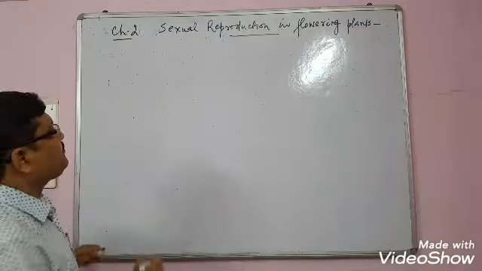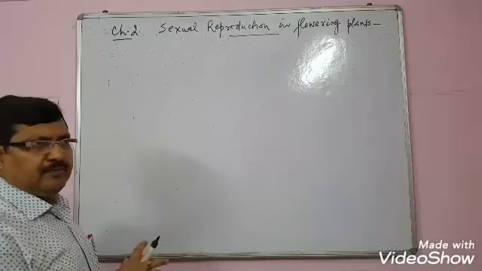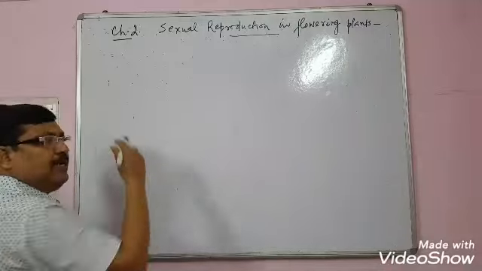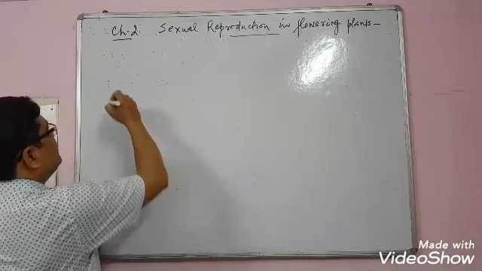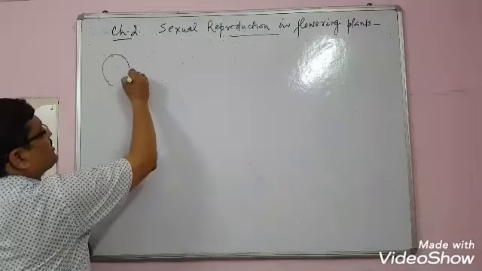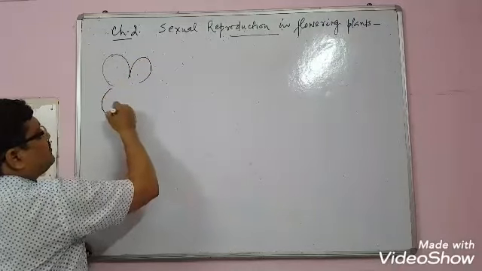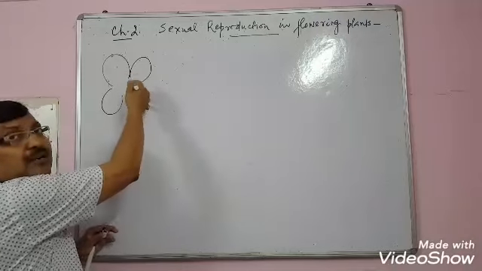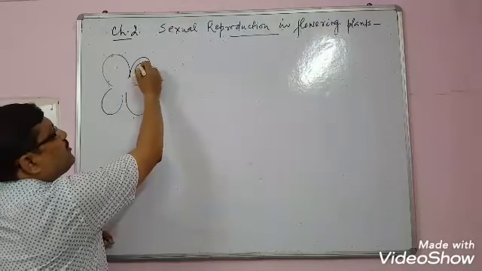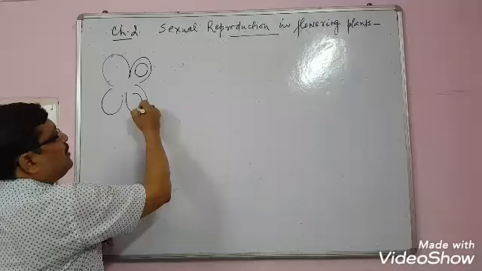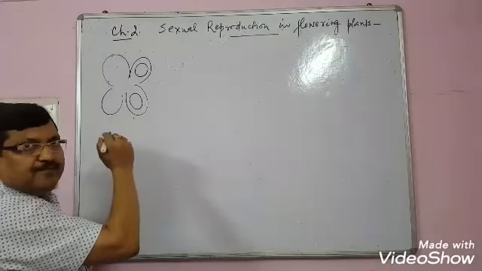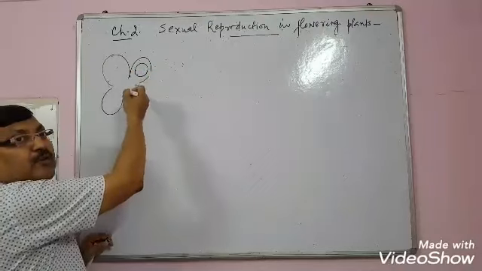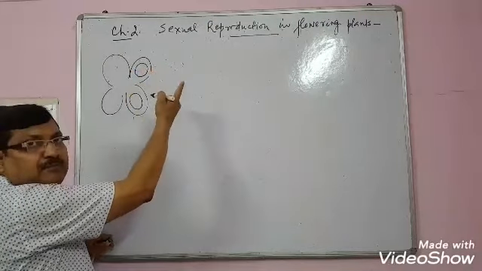Dear student, just assume a picture of an anther lobe. In a dithecous anther, basically 2 lobes but having 4 corners, meaning 4 microsporangia, and in each corner only one microsporangium will form.